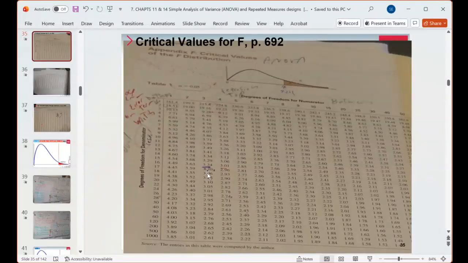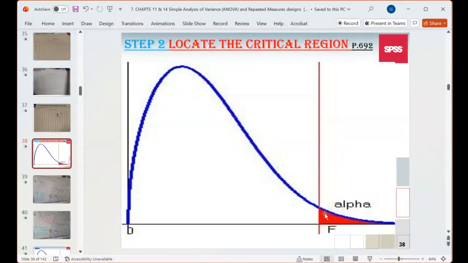Column, go down, go to the left, you see 16. That's our DF error or DF within. And right there, in blue ink, it says 3.24. 3.24 is our critical region. That means the cut point should be 3.24.